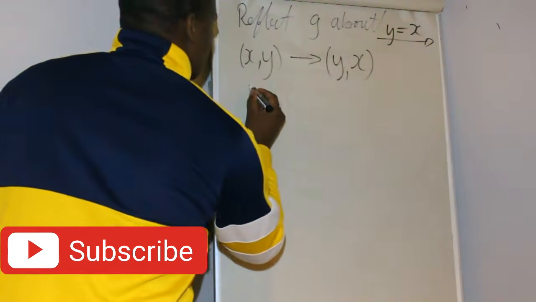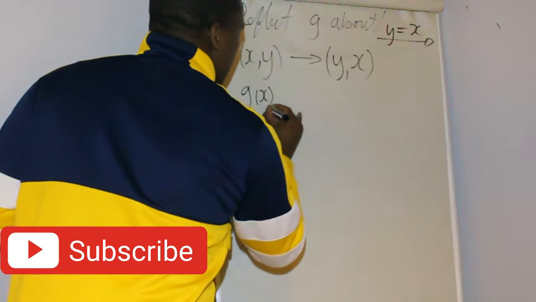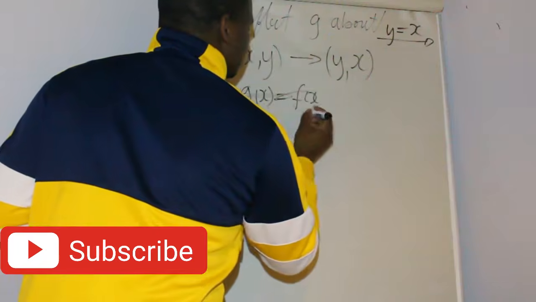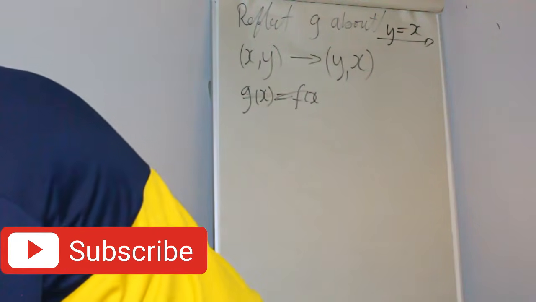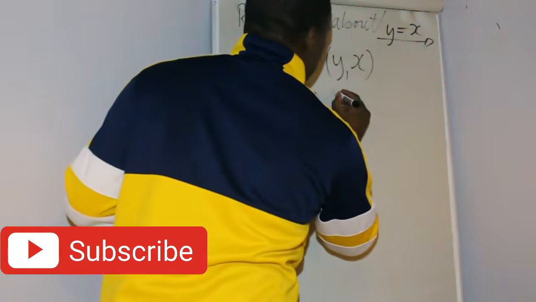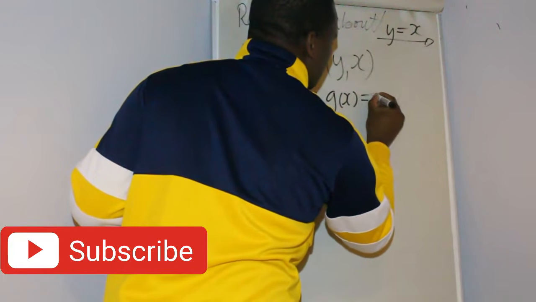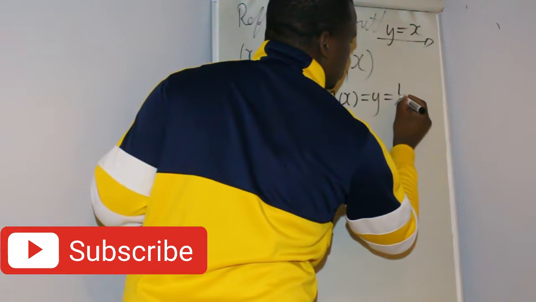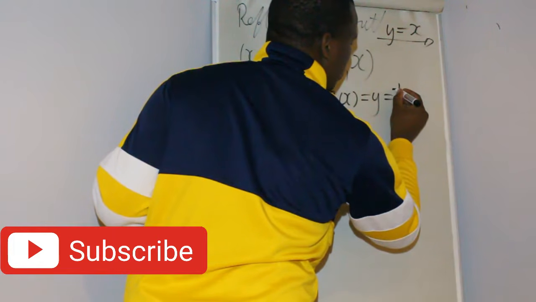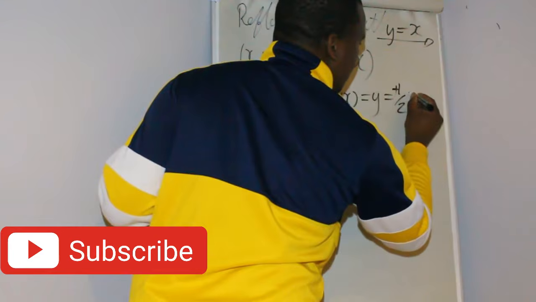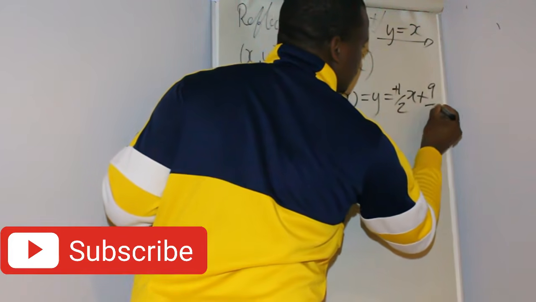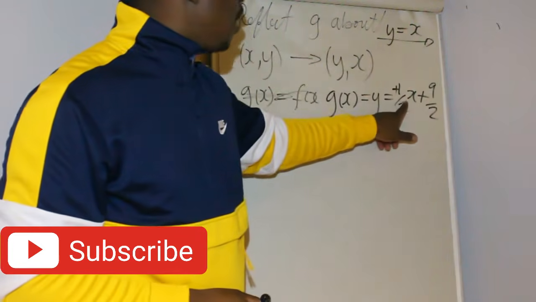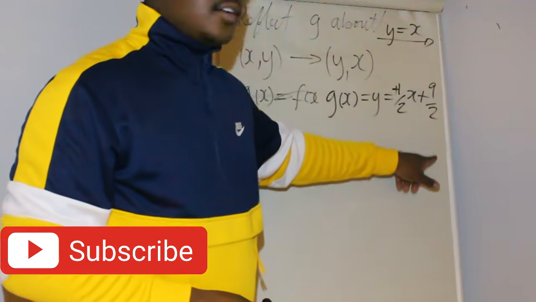So you had g of x, which is equal to y, equal to 1 over 2 x plus 9 over 2. That is your function.